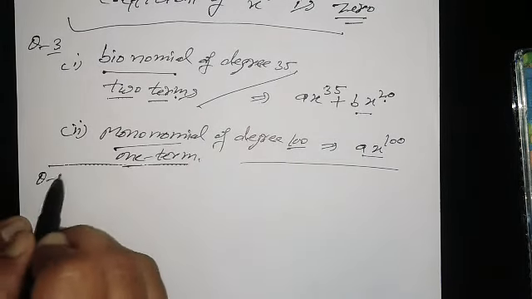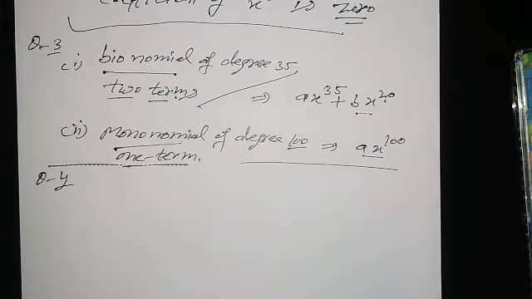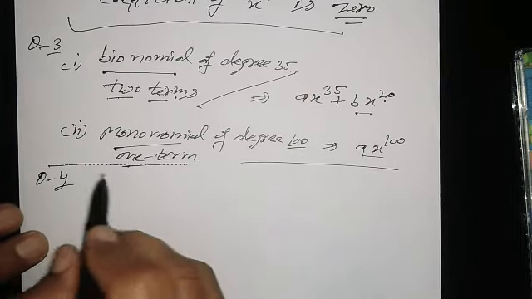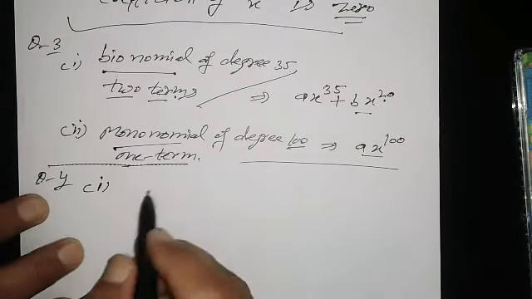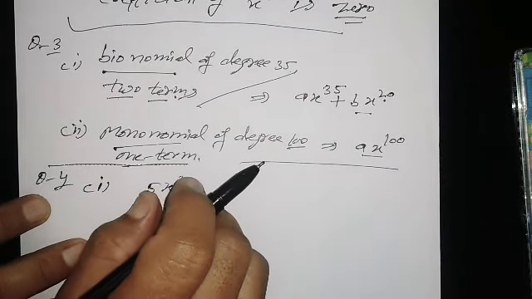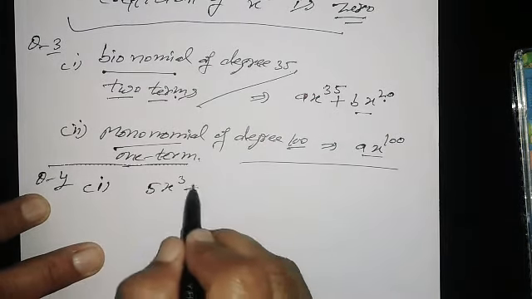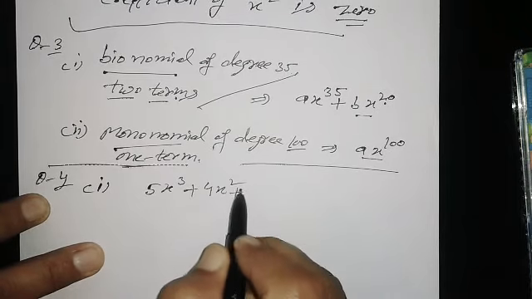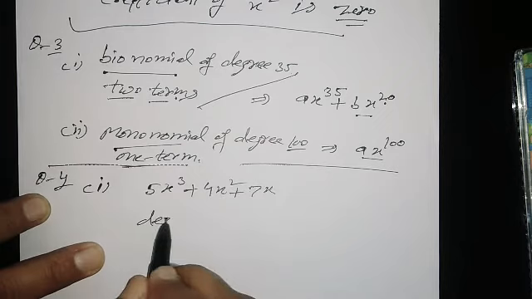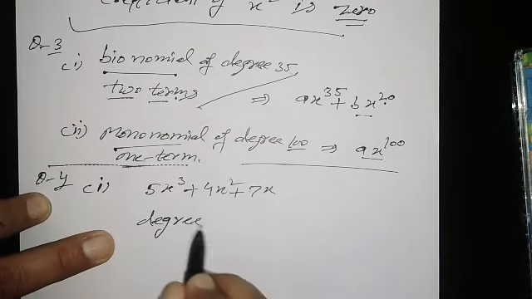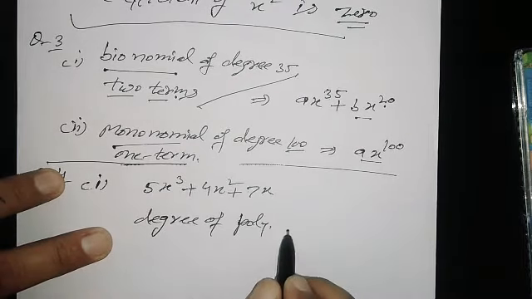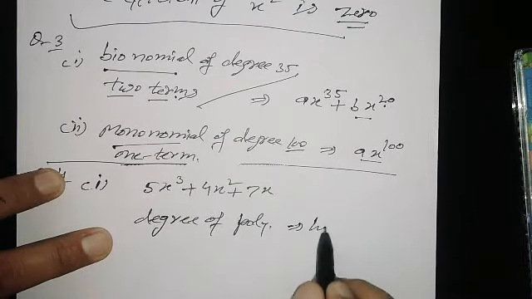Now come to question number 4. Write the degree of each of the polynomials. The first part of this is 5x^3 + 4x^2 + 7x. As I have defined, the degree of a given polynomial is the highest power.